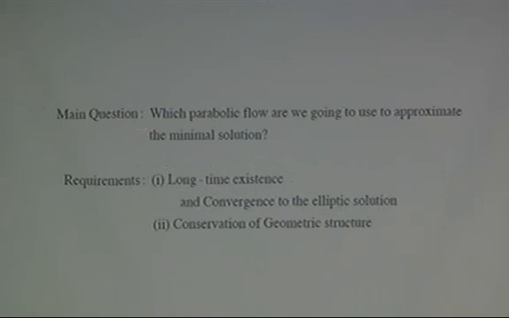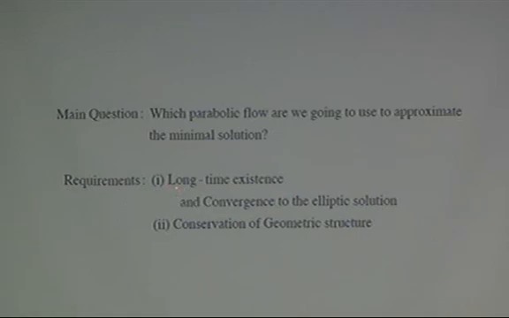And the main question. We now have a new elliptic problem. Which parabolic flow are we going to use to approximate this minimal solution? That is the most important question, because we know the computation. So I tried a lot of different flows to attack it. The requirements are the following.